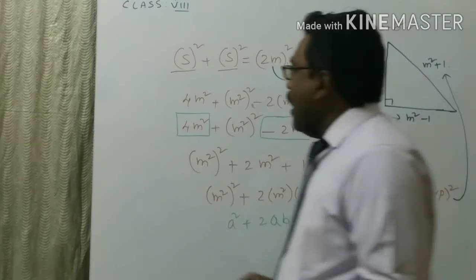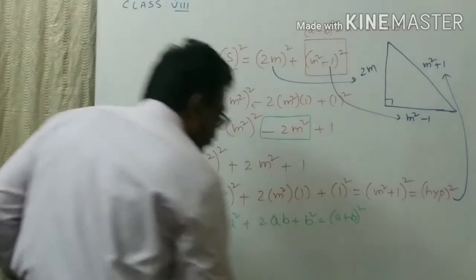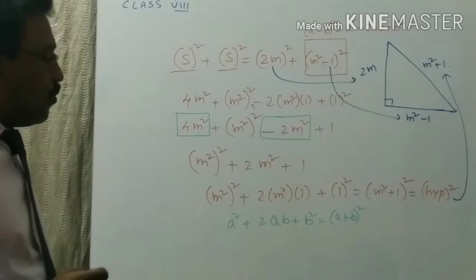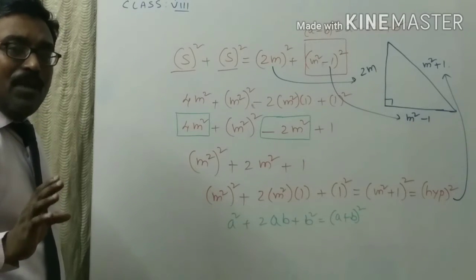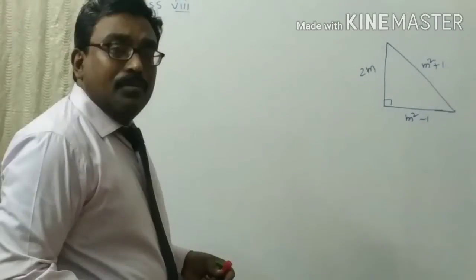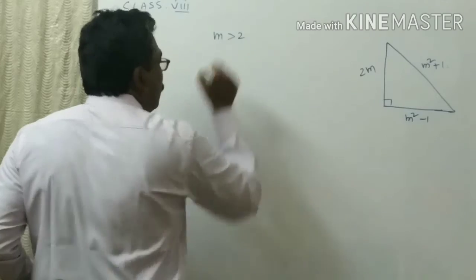And in the beginning I told you that m is greater than 2. Suppose if m is less than 2, what will happen? We'll check. I told you a condition that m is greater than 2.